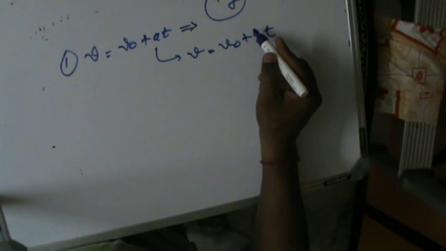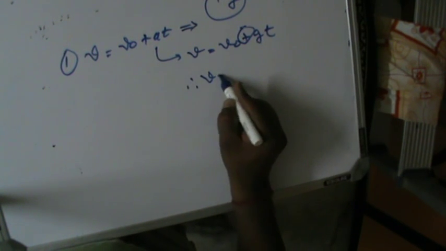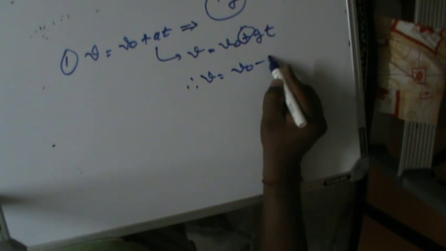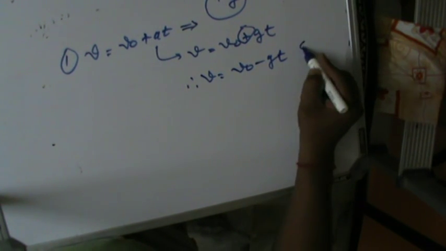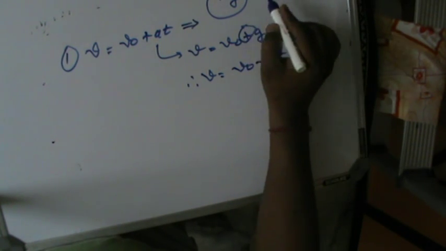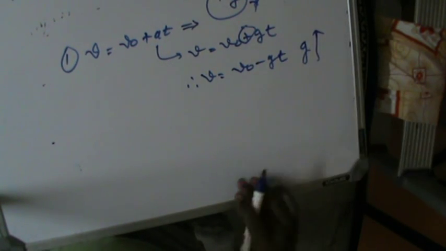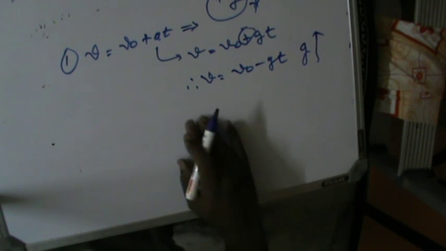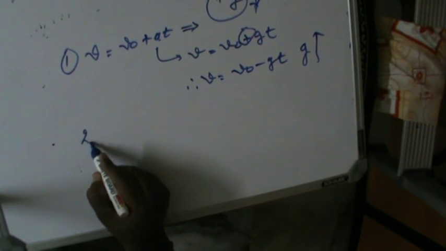At the same time, in the vertically upward direction, the sign changes, and we can say v is equal to v0 minus gt. Remember, g is minus in the upward direction, whereas plus g is the downward direction. So this is very simple for the first equation.